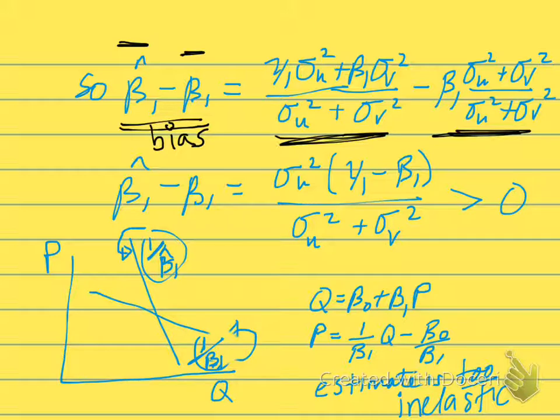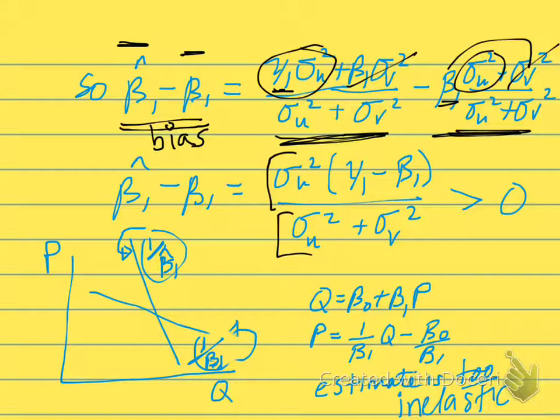So this beta 1 sigma v cancels with this beta 1 times sigma v, so that cancels out. So I'm left with sigma u and sigma u here, multiplied by gamma 1 minus beta 1. So that's what I have here: sigma u, gamma 1 minus beta 1, divided by the sum of the two variances.